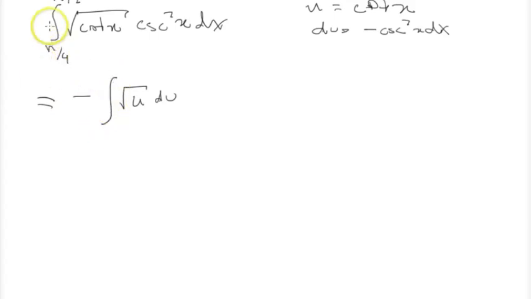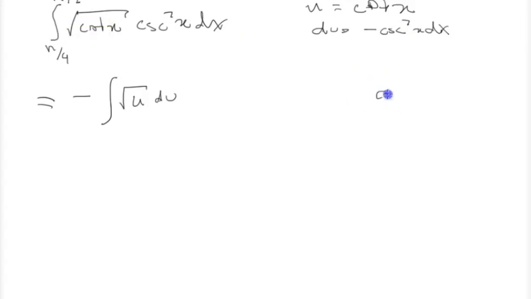Are the limits the same as the limits up here? No, because they're in terms of different variables. But how do we then determine what these limits are? Well, we have these substitution expressions up here that'll let us do that. So we need to find out what the value of u is when x is pi over 2. And that's super easy.